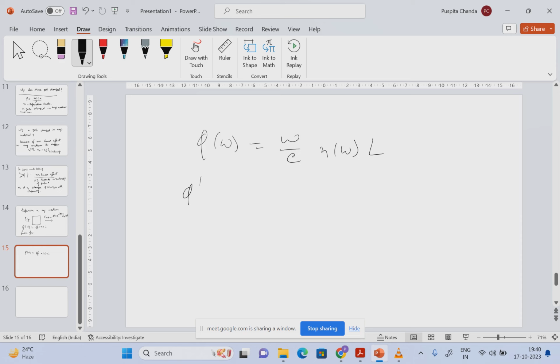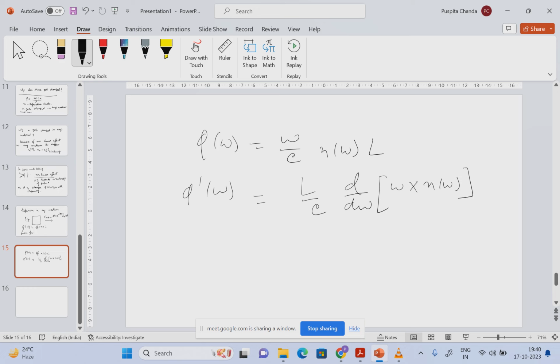So phi dash omega, what will happen? It will be L by c times n omega plus omega into dn d omega.